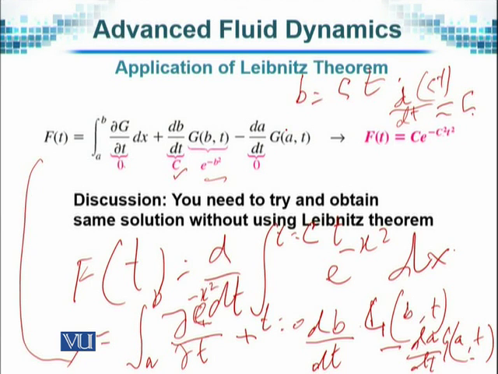In the lower limit a, there is no t occurring there. Therefore, when we differentiate a with respect to t, it will be 0. So the contribution coming from this is 0. Here the lower limit is replaced, x is replaced by a, but it doesn't matter because whatever this may be, when it is multiplied by 0, we get 0. In the end, this whole function is reduced to this quantity in the square.